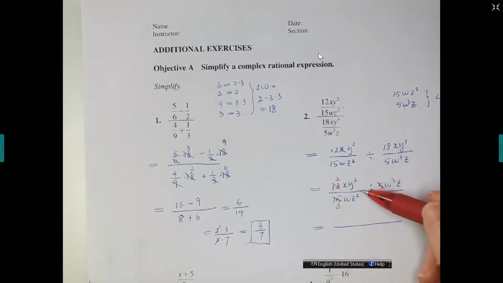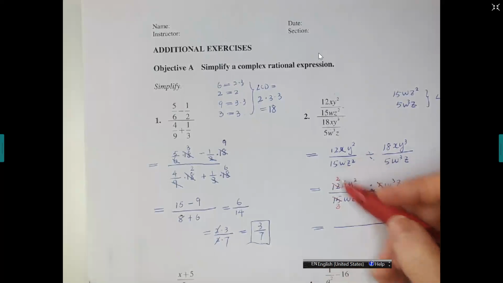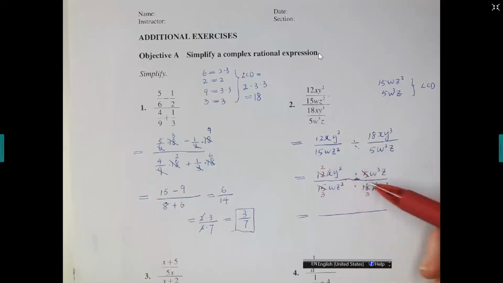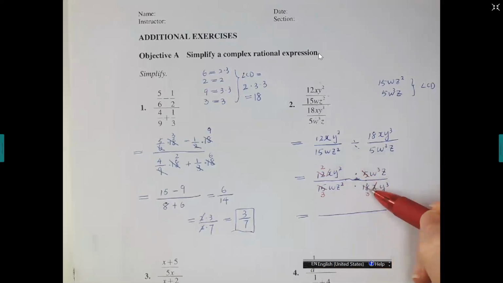Then look at the variables. I have x here, I have x here, so the x's cancel each other. Then I see y. I have y to the second over y to the third. Remember, when we apply the exponential notation rules and we do division, we keep the variable and subtract the exponents.